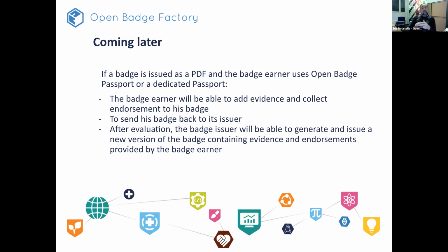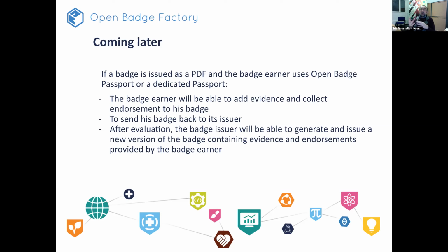So we plan in the future, if the badge is issued as a PDF by the badge issuer, and if the earner of the badge uses the Open Badge Passport, the badge earner will have the possibility to add evidence or to collect an endorsement like now on his badge.